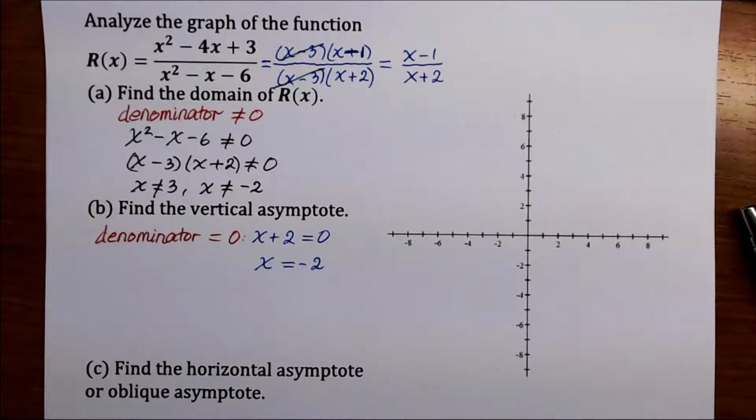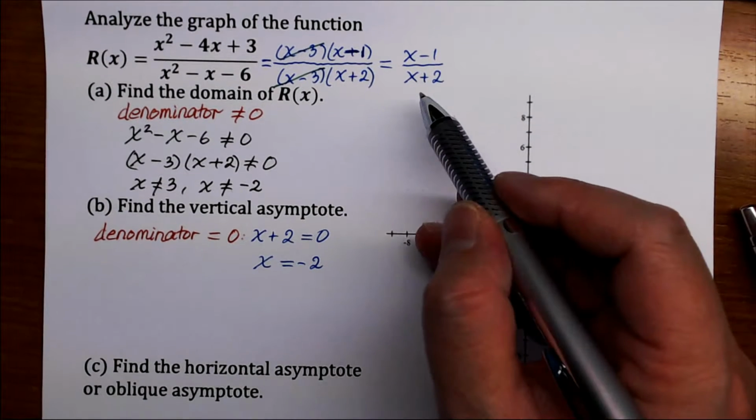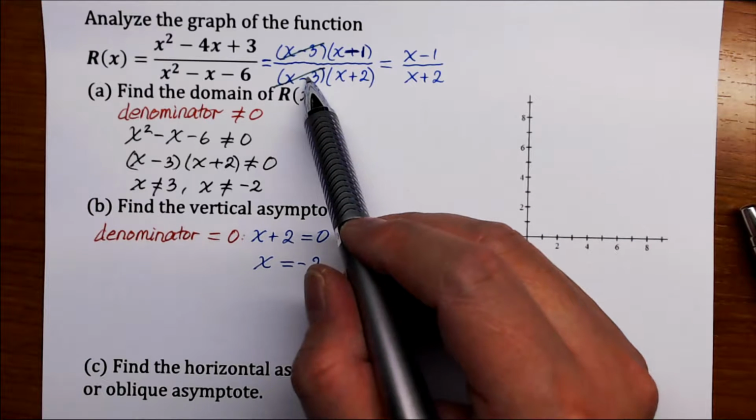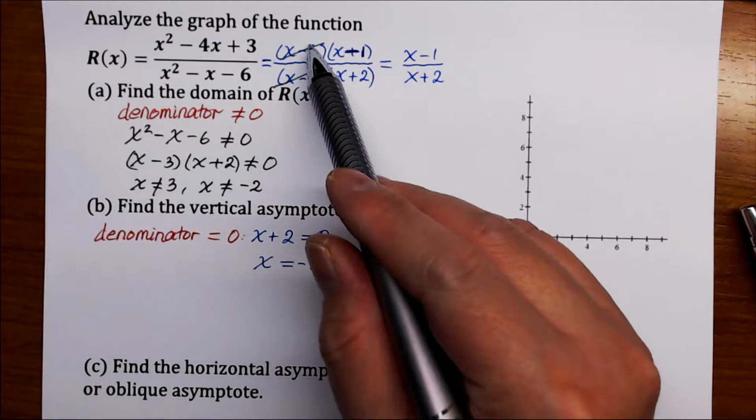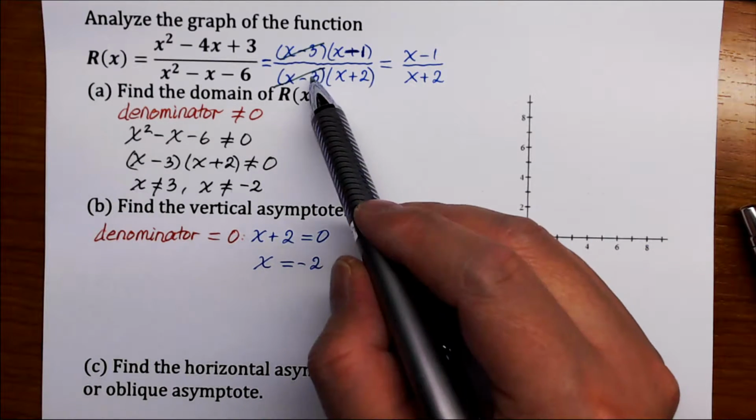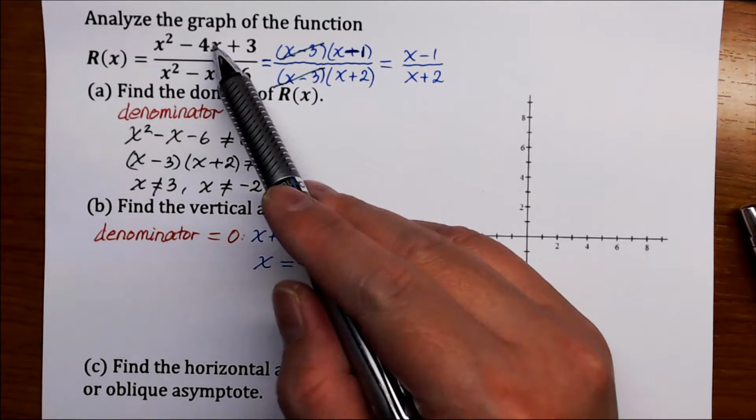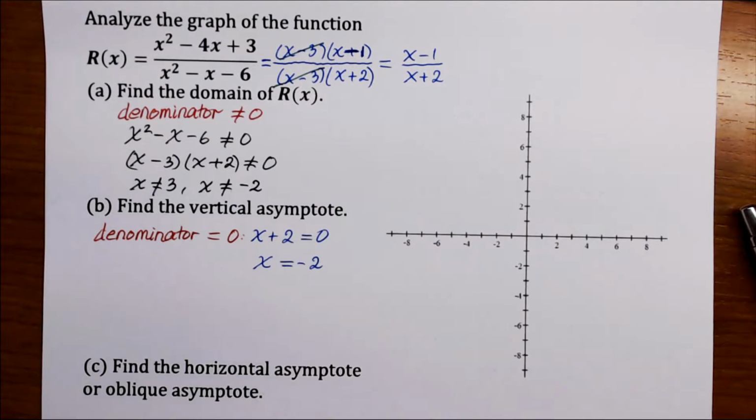One thing to note though, when we have x equal to 3 in this function, even though it's cancelled out, if you put 3 on the top and the bottom, we will have both of them equal to 0.